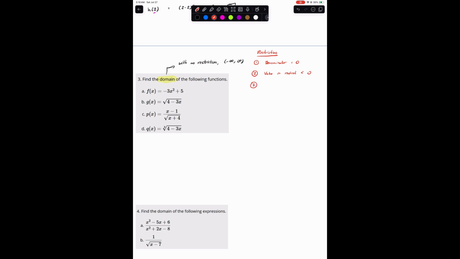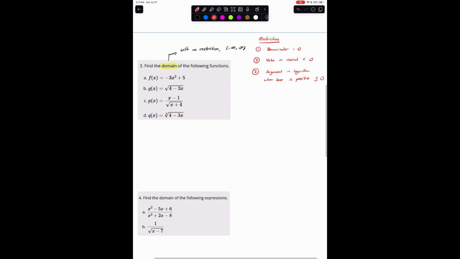A third one is the argument in a logarithm, when the base is positive, being less than 0, or actually less than or equal to 0.